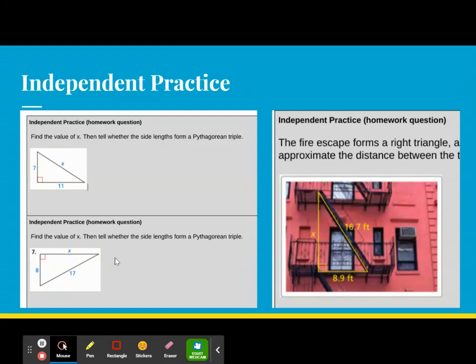And then on the fire escape, you've got x for the height, 8.9 feet for the base, and 16.7 feet for the ladder. They want to know how much space is between one fire escape and the next. All right, you're going to work these out, and then I will be coming by to check them.